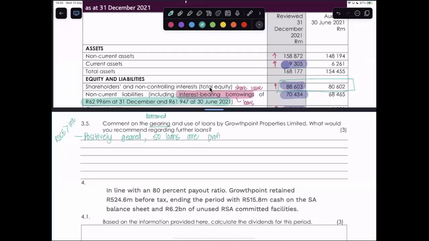And that means you want more loans. In addition, you can also point out that it's relatively lowly geared. And so therefore, you'd be able to get loans.